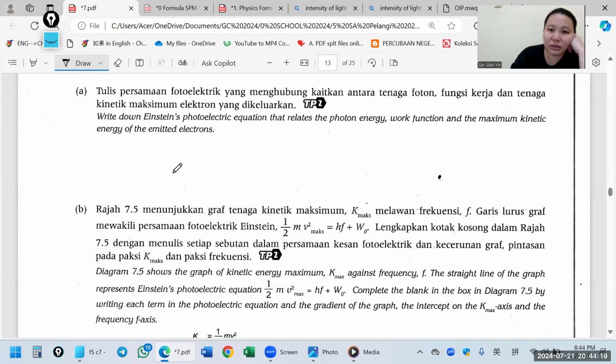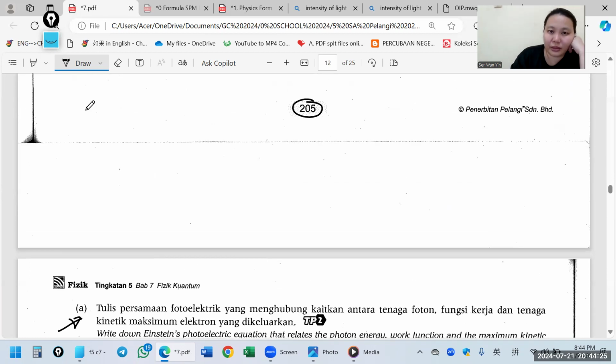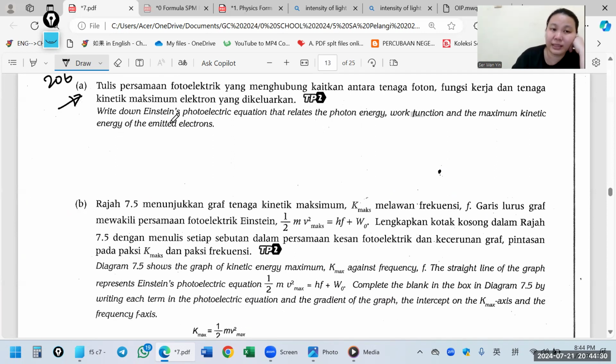Okay, write down number 8, page 206. Write the Einstein photoelectric equation that relates photon energy E, work function W naught, and maximum kinetic energy KE.